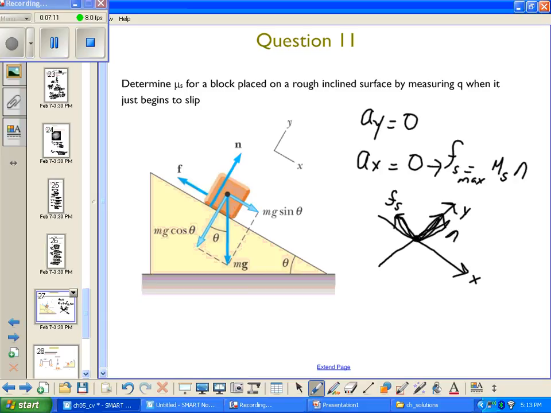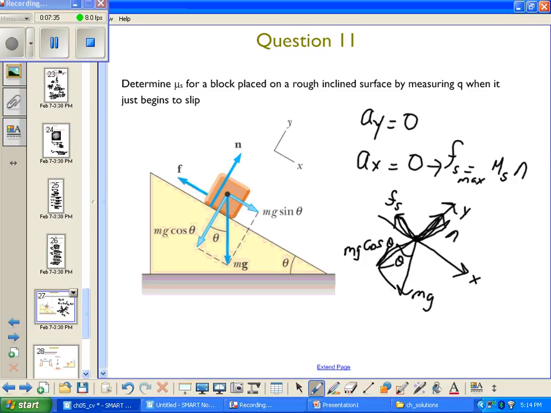And here is the force of gravity, mg, which is going to have components along the inclined coordinate system, where the vertical component is mg cosine of theta. Here is theta right here.